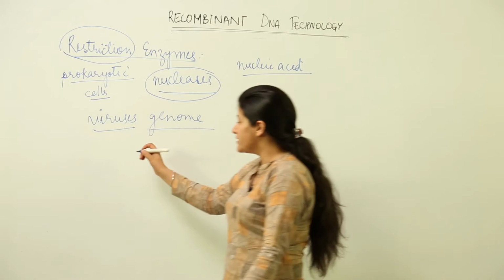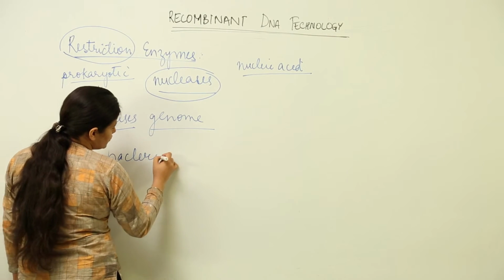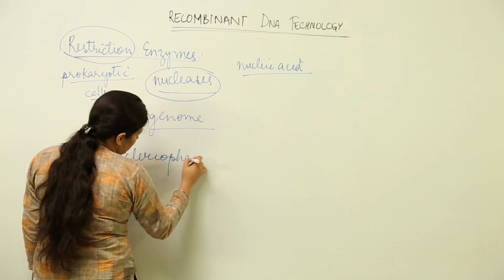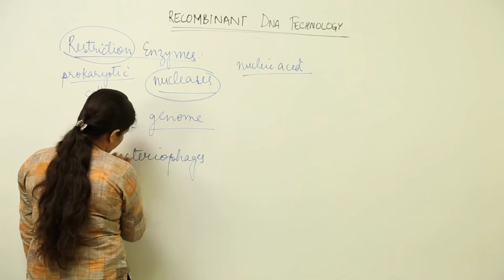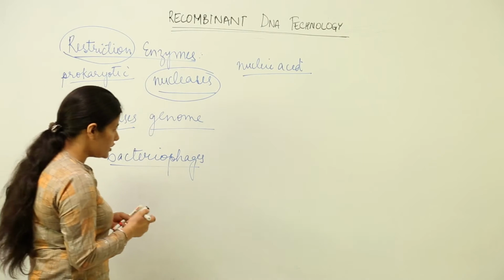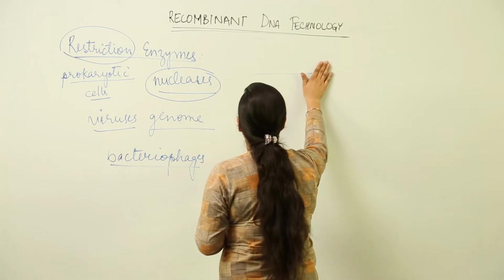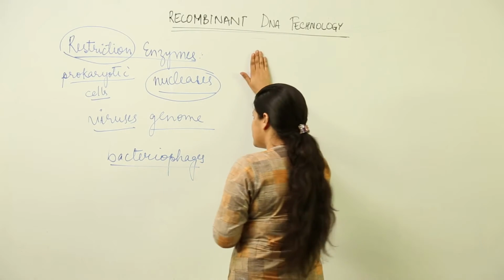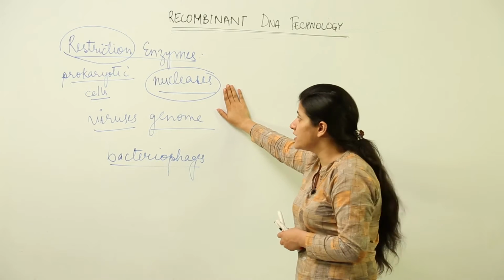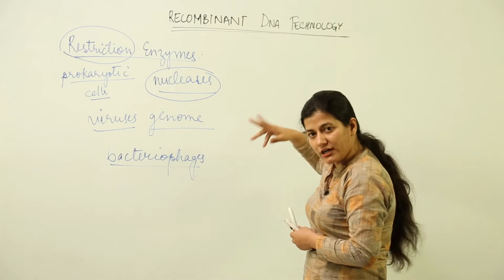So certainly these restriction enzymes are targeting bacteriophages in a specific way. Now this was what was hidden in the name. What is their use when we study it in terms of genetic engineering? These restriction enzymes are a special class of nucleases which cut the genome.